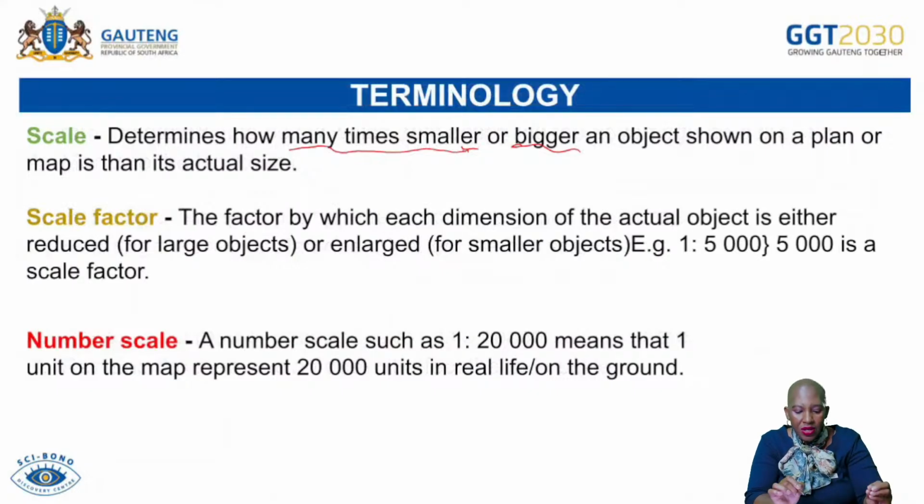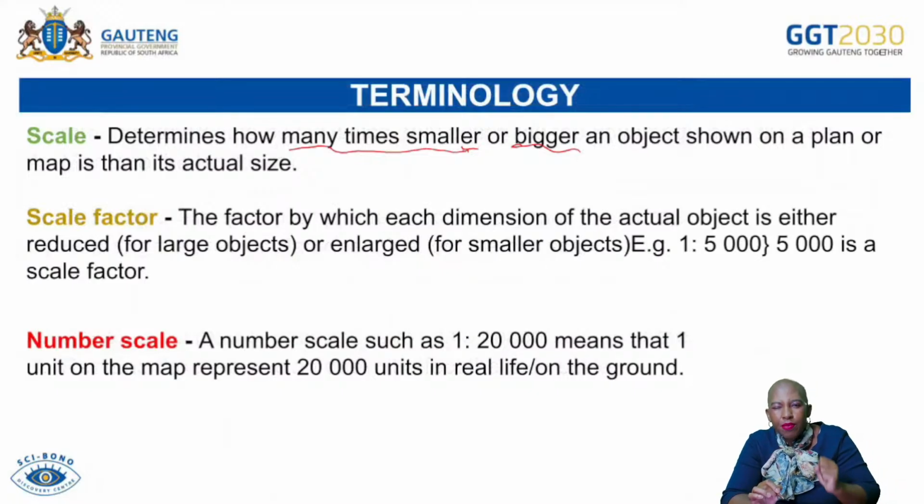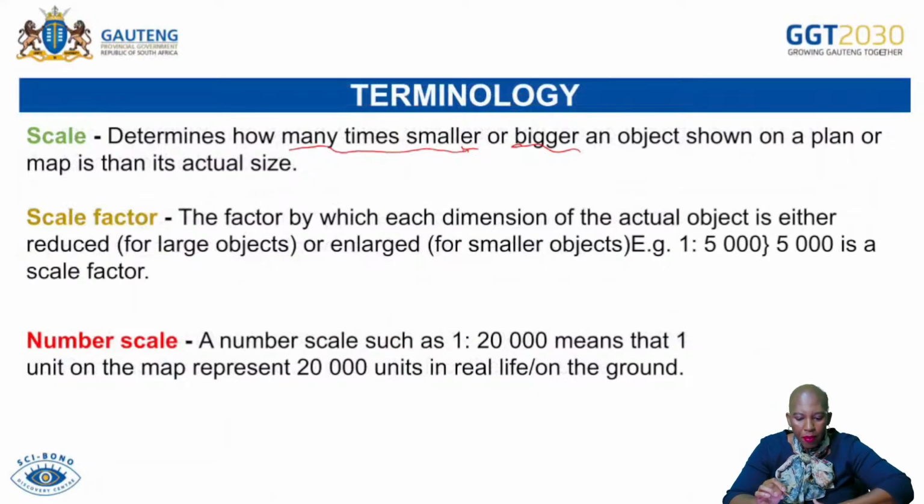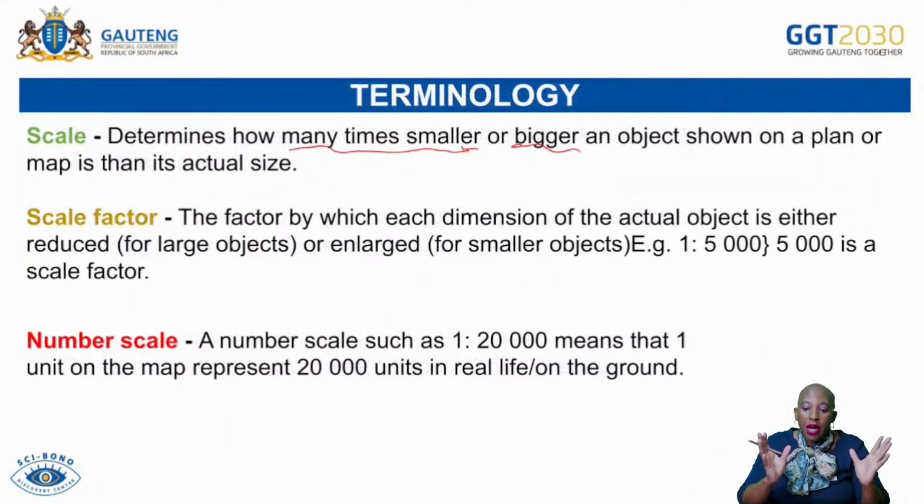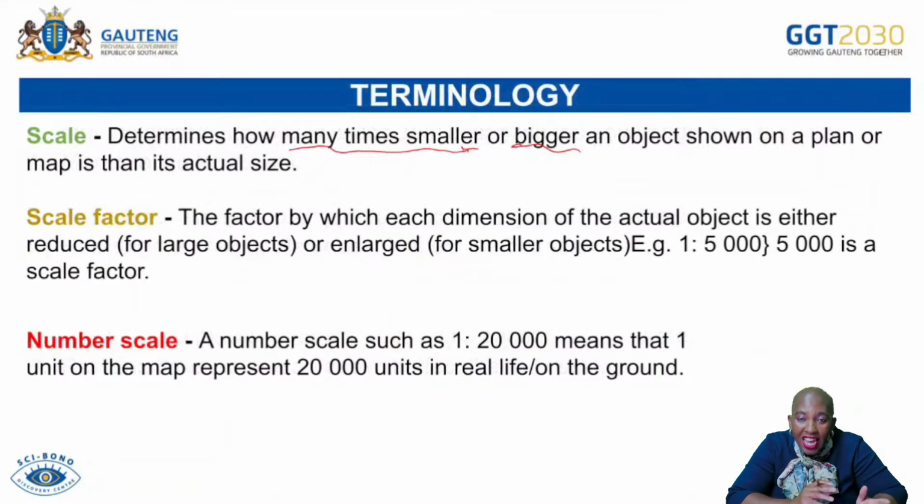It means if it's big, then it will be shrunk, small, small, small until it fits on the plane. Or if it's too small, it has to be enlarged on the plane so that it becomes visible.